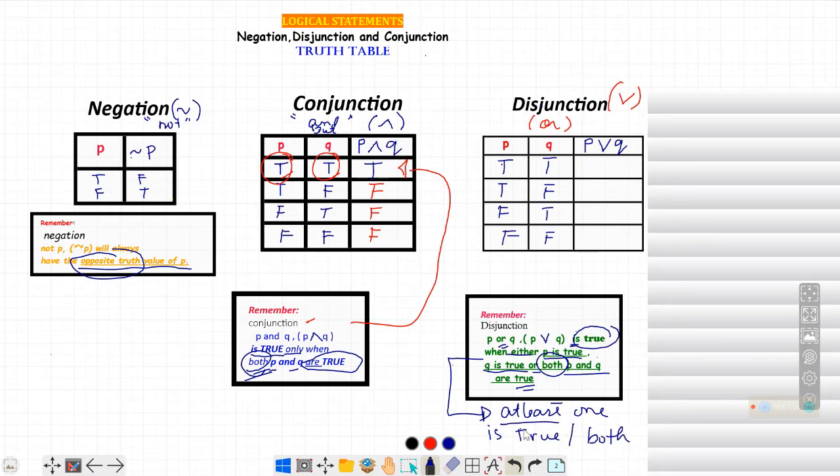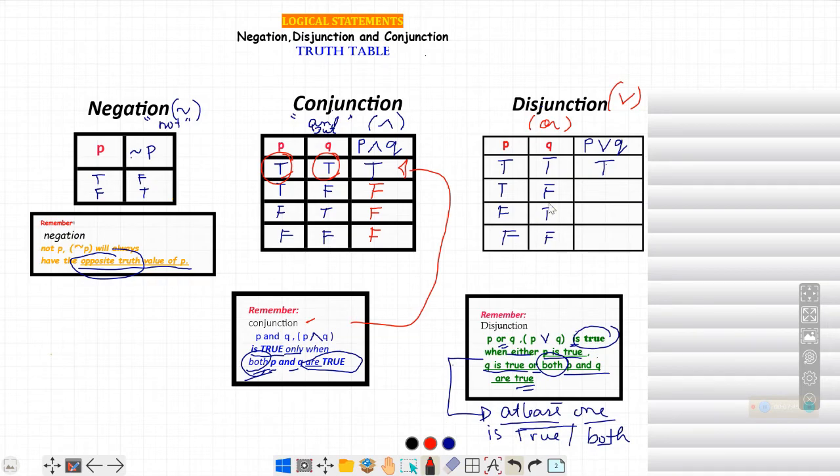So at least one or both must be true in order for the statement to be true. If we want to know the truth table of this, let's take a look at P and Q. Here, P is true and Q is true, so therefore this statement will be true.